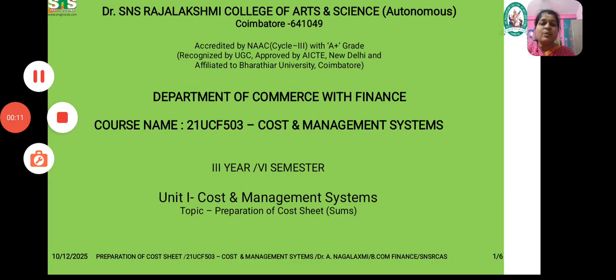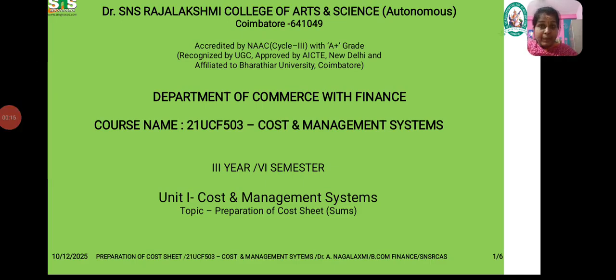Here we are going to see the preparation of cost sheet. In the previous video we have seen a specimen of a cost sheet preparation, but here we are going to see a clear picture about the cost sheet and some illustration sums, that is, some illustrations regarding the preparation of cost sheet.